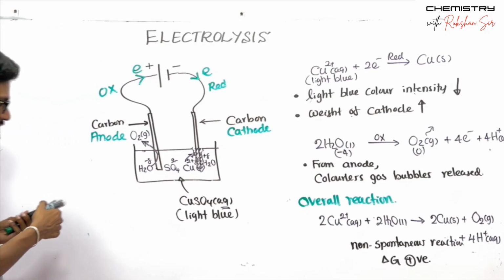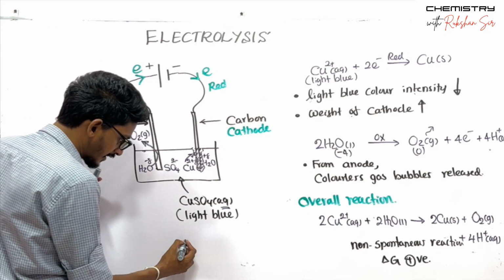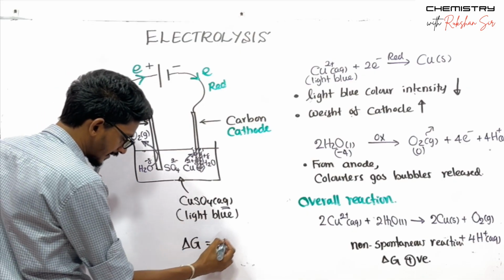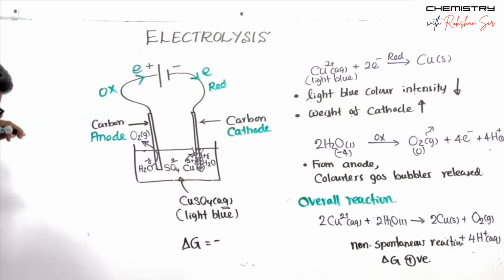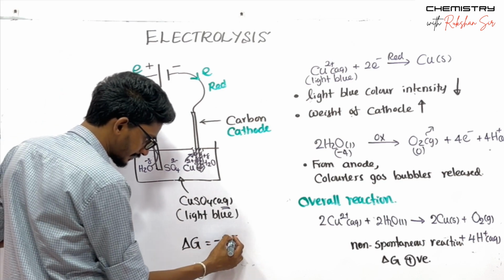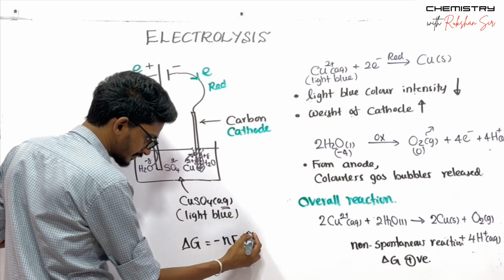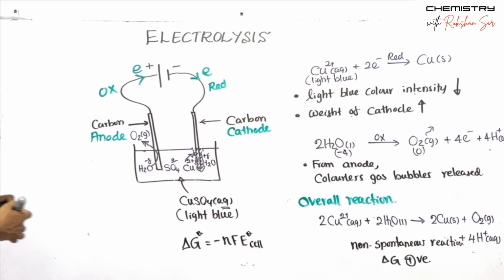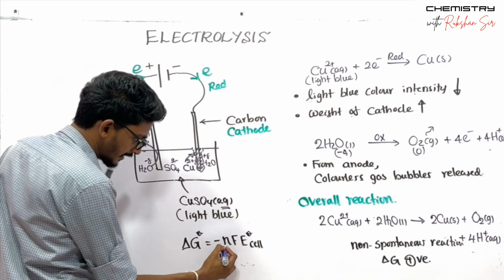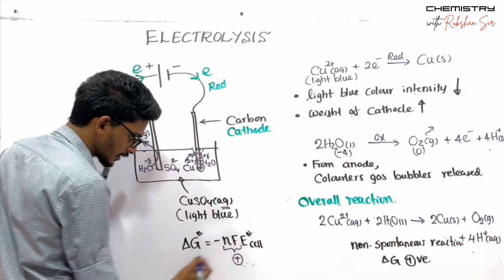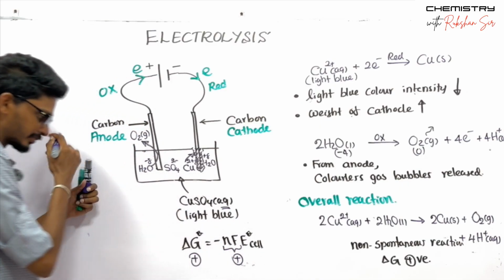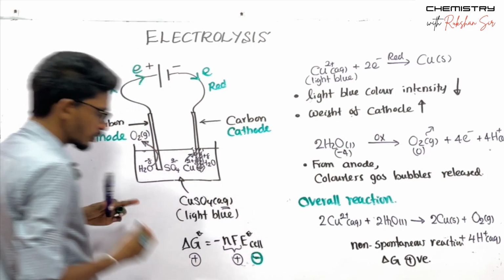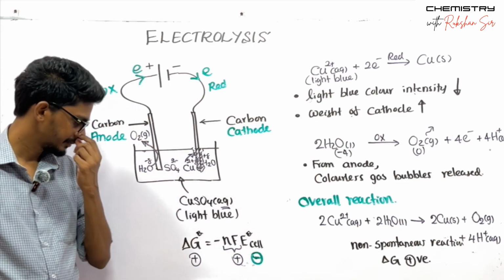As we know, delta G relates to the electromotive force of the process from this reaction. As delta G is positive, this E naught cell should be negative here, as you have a negative term here as well.